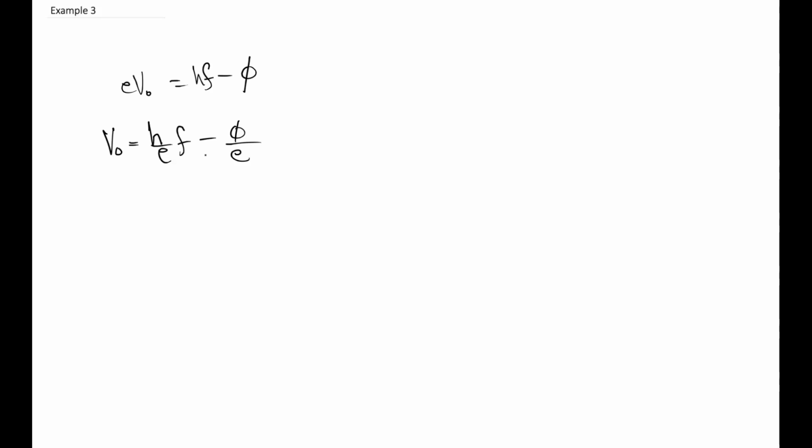In this case, if we consider this to be linear, then the slope of the line is given by h over e, and the vertical intercept is minus phi over e.